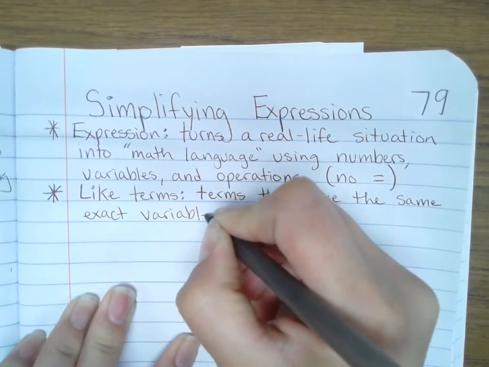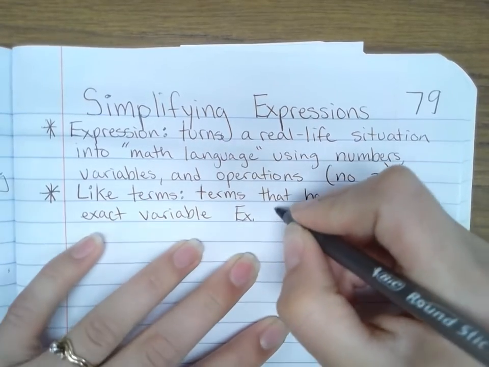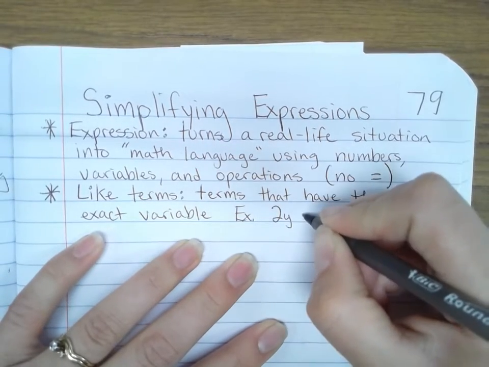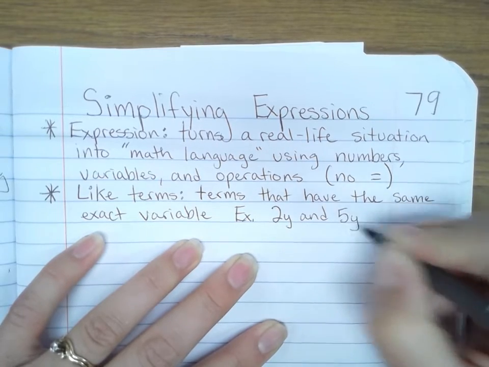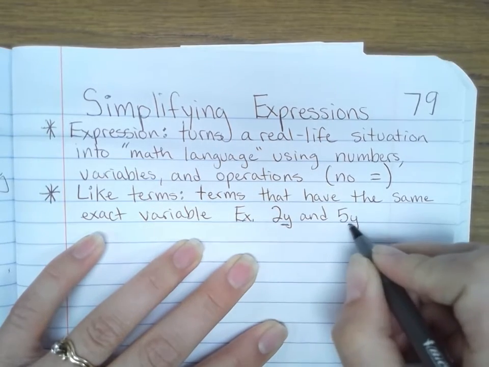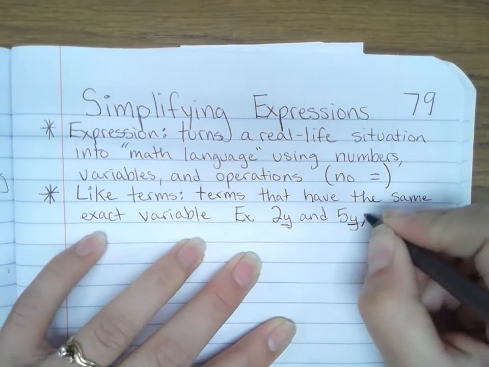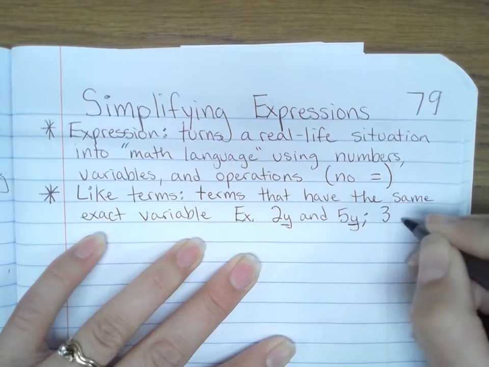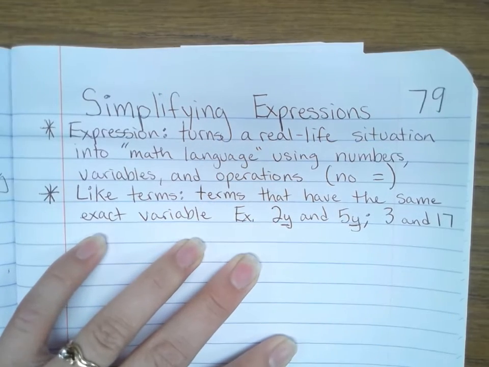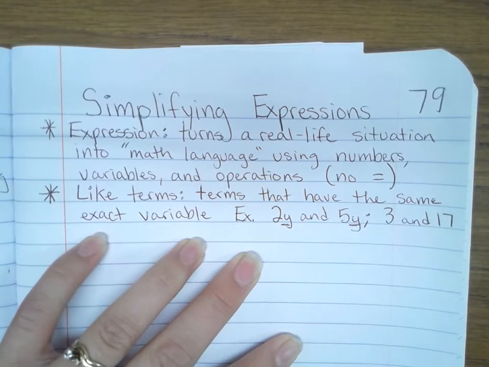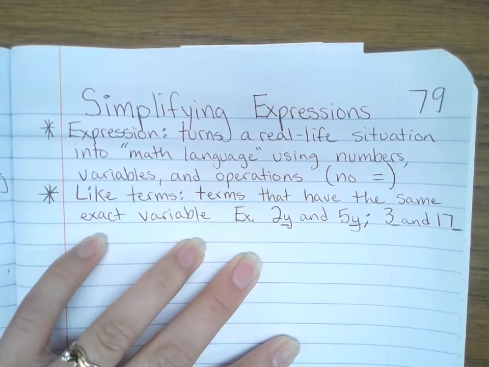Some examples would be 2y and 5y. They both have the same variable. Another example could be 3 and 17. Why are they like terms? Well, they have no variable. So like terms have the same variable.